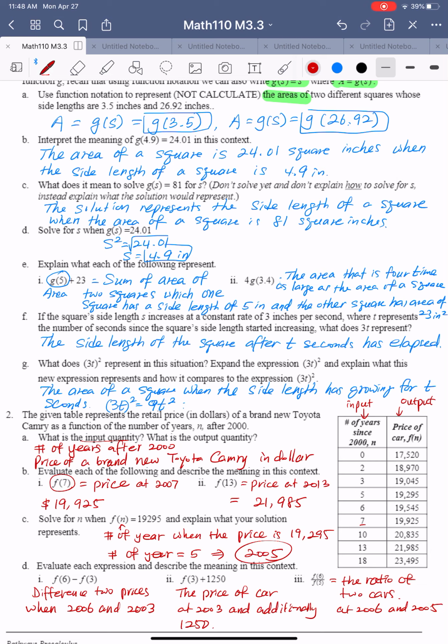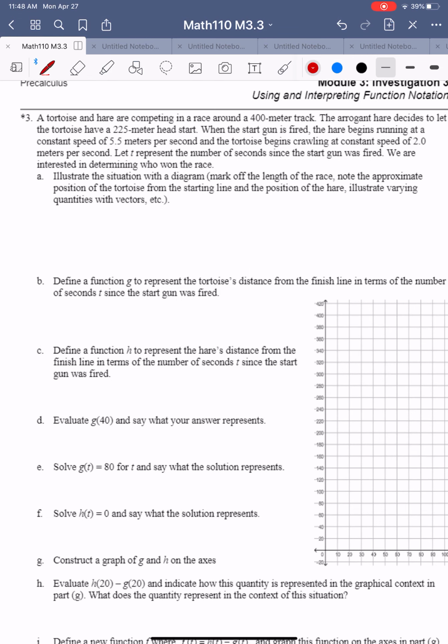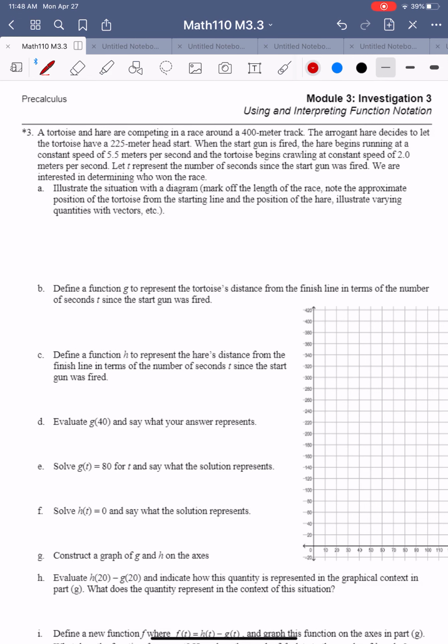Okay, let's look at another page, number 3. We talked about this problem earlier, the investigation. Taurus and Hare are competing in a race around a 400-meter track. The Hare decides to let the Taurus have a 225-meter head start.